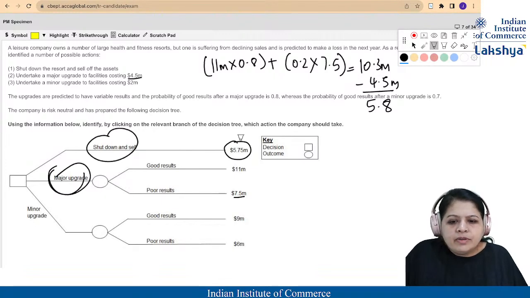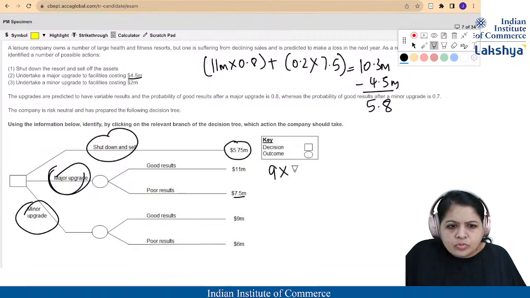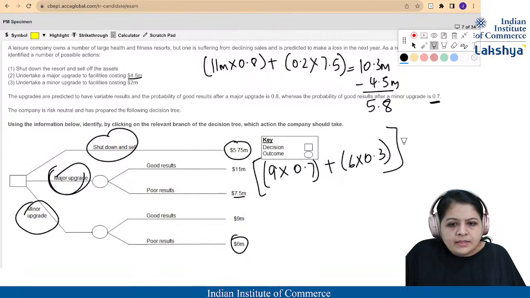Shutdown is straightforward, 5.75. And now let's look at the minor. So minor is going to be 9 into 0.7, this value, plus 6 million into 0.3. And whatever the total comes to, we are going to minus 2 million.